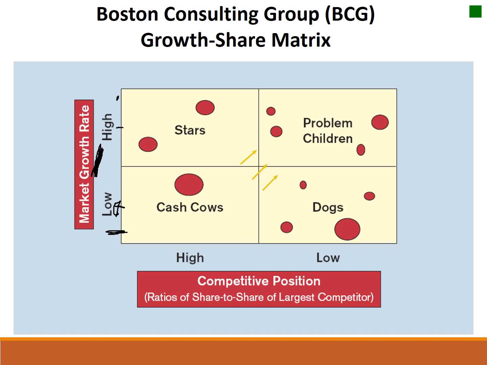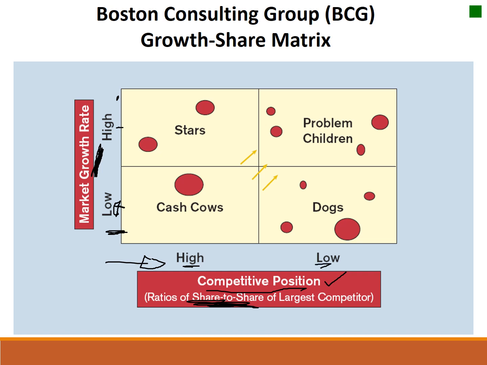When we move to the x-axis here, we have our competitive position. And really what we're looking at is share compared to other members in the product category. So other firms in the product category, if you look at our share relative to theirs, that's what we're looking at when we think about the competitive position on this particular model. So if we have a low, and again, the scales are flipped here, so don't lose sight of this.